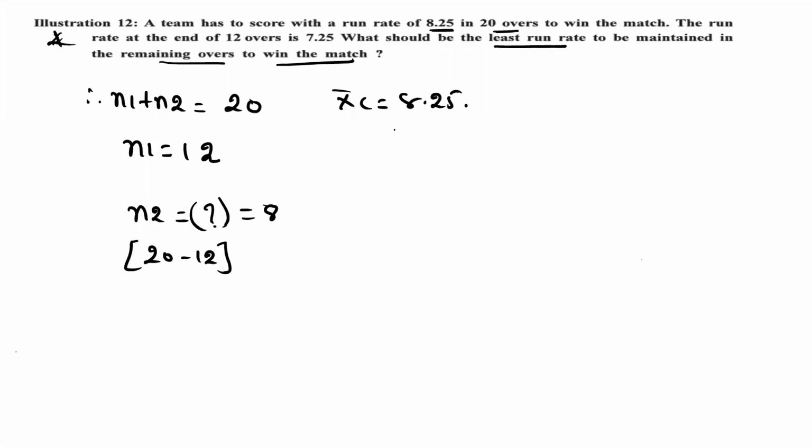Now, the run rate at the end of the 12 overs is 7.25, so by which name do we give 7.25? X bar 1. What should be the least run rate to be maintained in the remaining 8 overs? That we don't know. That is the question mark. So let's start the question.